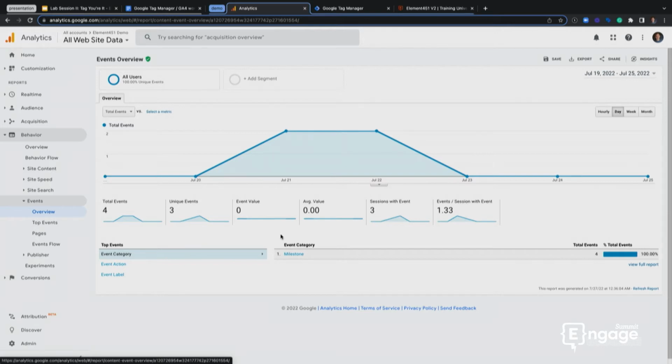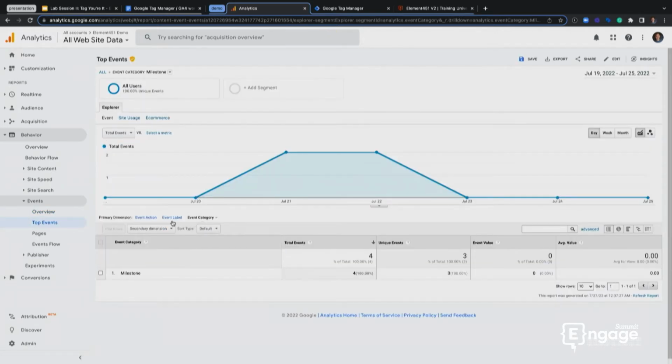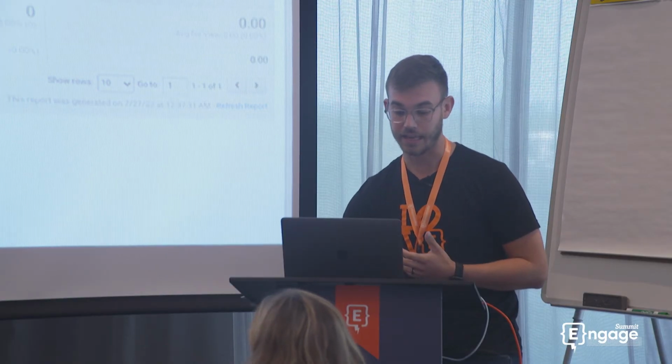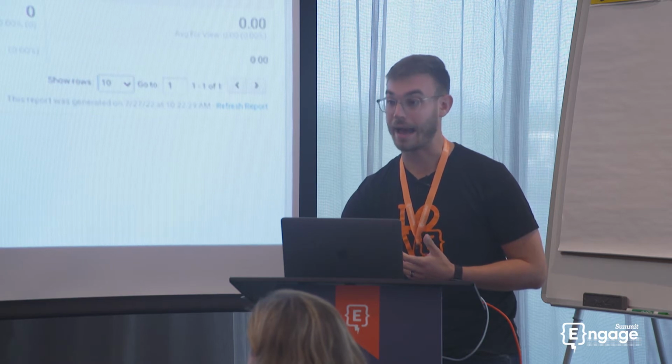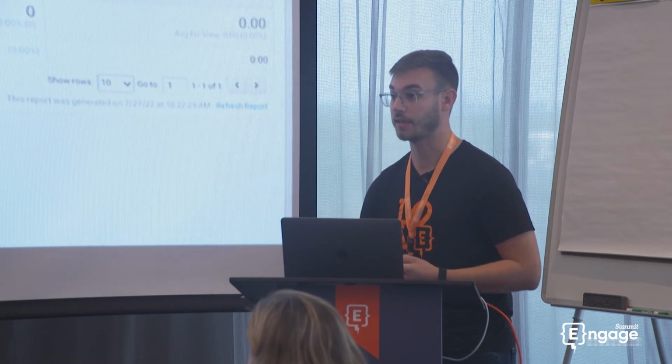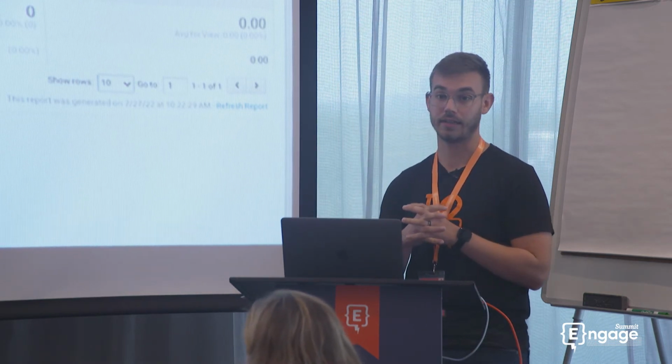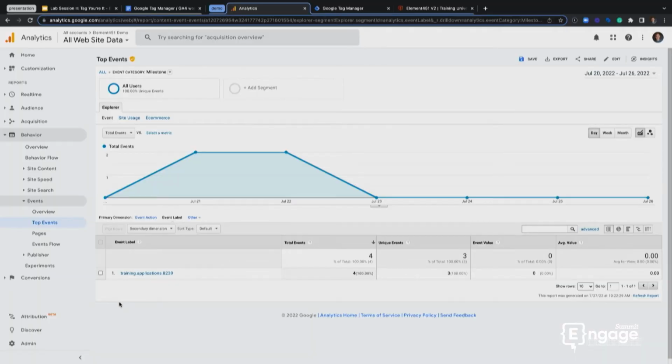And if we click into that further, we can see that those milestones were application starts. So we're going to look at how that information gets passed along. We can even look at the event label and see what application specifically.